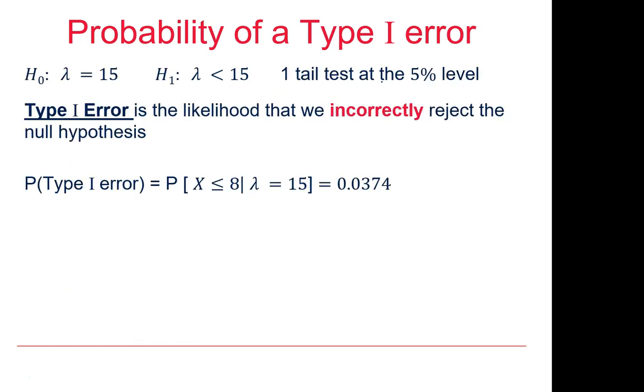Therefore the probability of a type 1 error, the probability we incorrectly reject the null hypothesis, is 0.0374. Remember that the probability of a type 1 error is always equal to the significance level for continuous distributions, or in this case less than the significance level of the test. Sometimes it is referred to as the actual significance level of the test. It was set at 5%, but because we have a discrete distribution, the closest we can get to 5% and keep below that value is 0.0374.